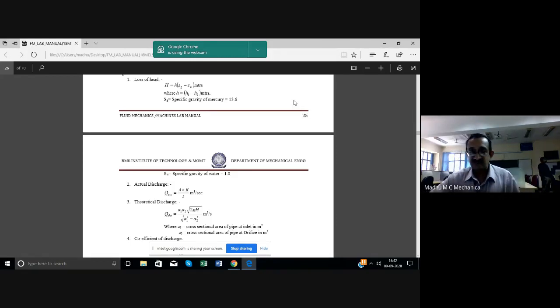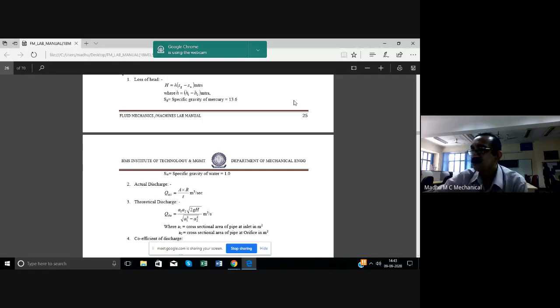So I'll do the first value calculation. What is the actual discharge? A into R divided by T. A is 0.12, which is constant, into R. What is the rise in water level? 10 centimeters, that is 0.1 meter.